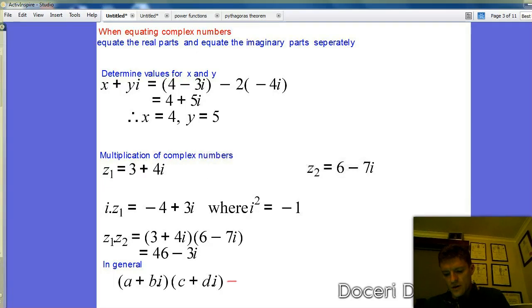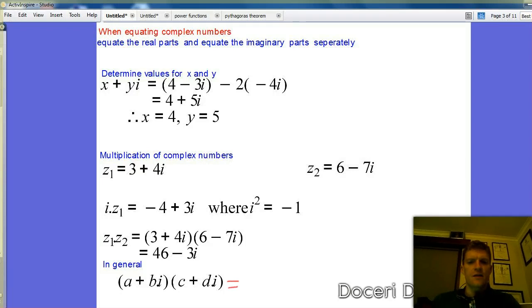And what occurs is with this i multiplied by i, this i squared term that we saw equaling -1, it will give us an important thing to remember to do.